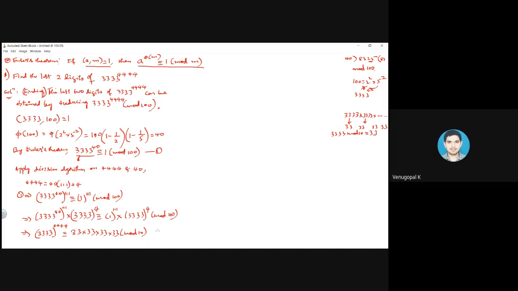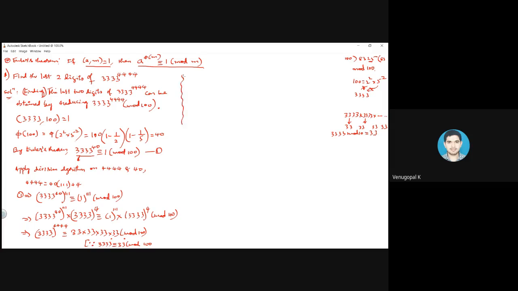Okay, why is this happening? Maybe I'll write it in bracket, because 3333 is congruent to 33 mod 100. Okay, I missed out a 0 here. Let me add it, 100. So that would imply if you just raise it to power 4, this will also get raised to power 4. That's what is happening here. Maybe we could have written directly there 33 power 4.